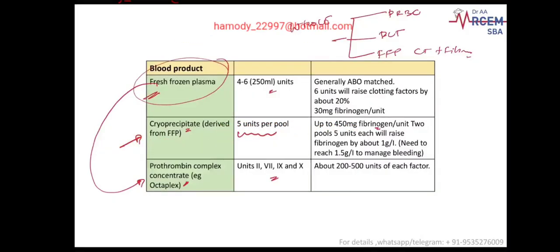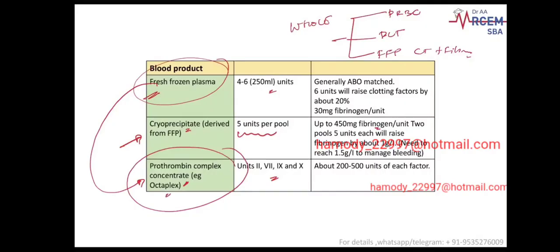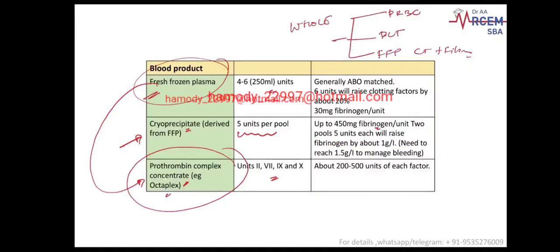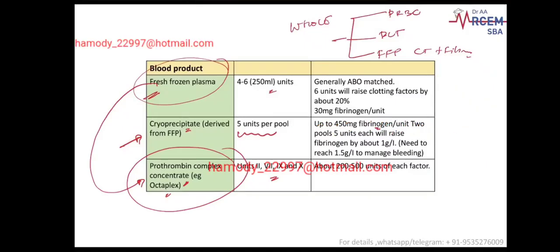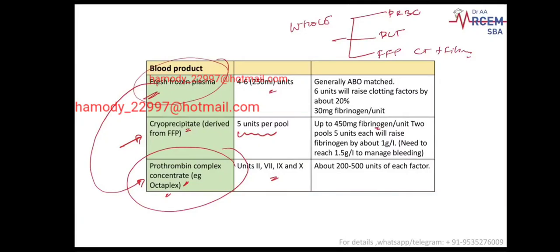These are vitamin K dependent clotting factors. This is helpful to reverse the warfarin effect. That's why prothrombin complex concentrate, known as Octaplex, is commonly available in the emergency department in the NHS. You will be giving this to reverse the warfarin. So you should know this: what are packed red blood cells, what are platelets, what are FFPs, what is cryoprecipitate, and what is prothrombin complex.